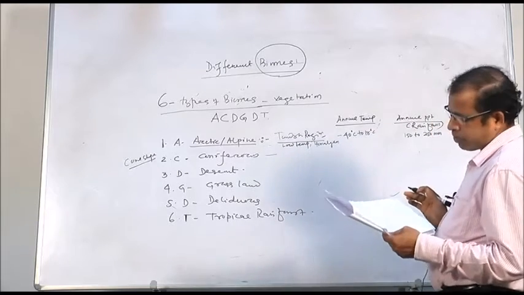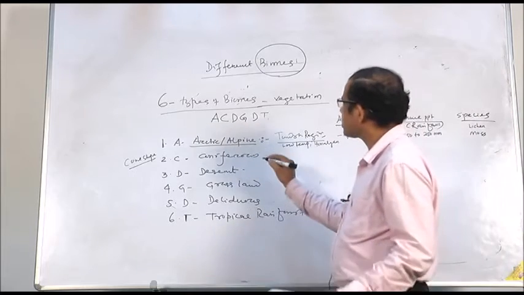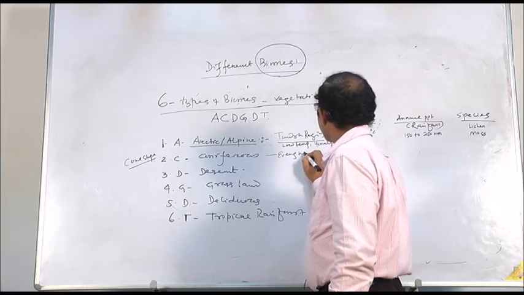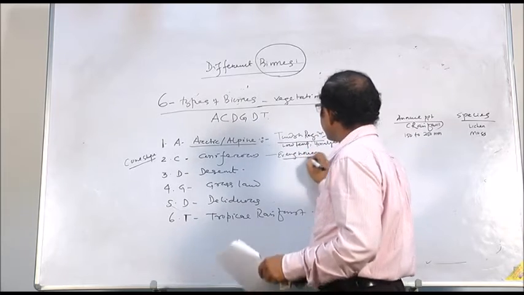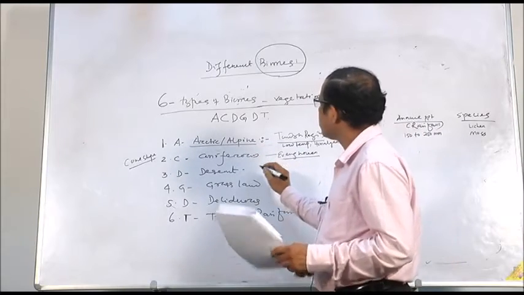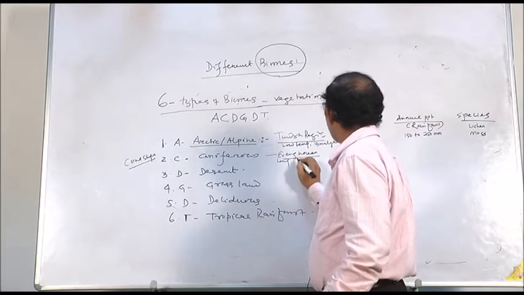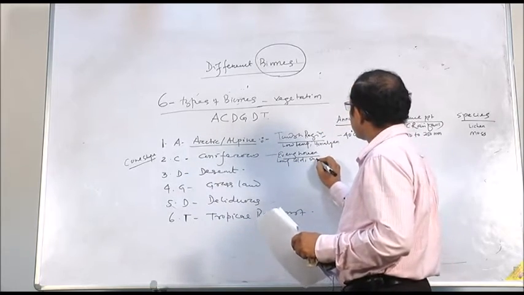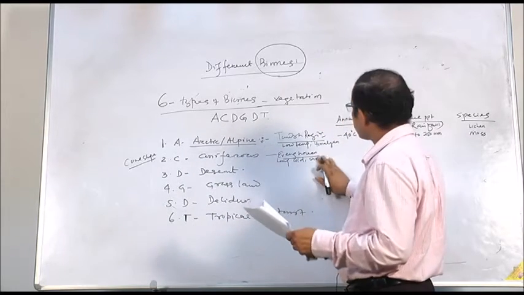Okay. Next, the coniferous forests, which you can say are your evergreen forests. Here the condition is long cold and snowy, that means snow in winters.